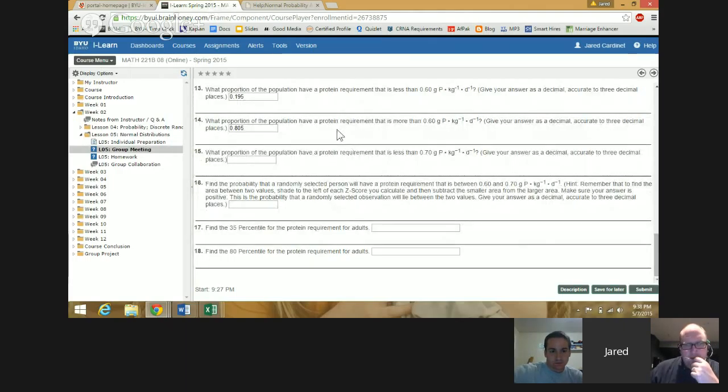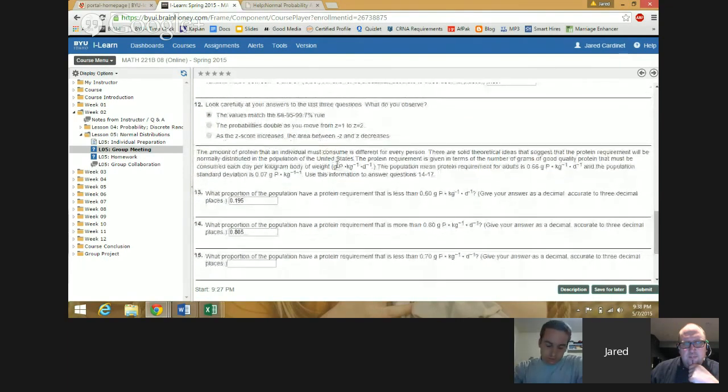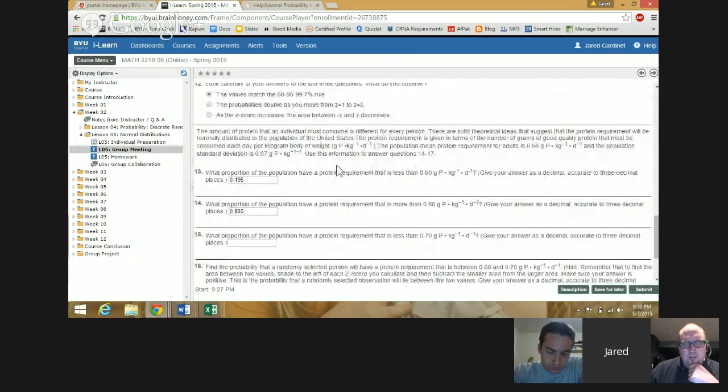What proportion of the population has a protein requirement that is less than 0.7? Alright, so now we do need a z-score again. x is our value, and I can do this on my phone. We got 0.7, which is the value, minus the mean, which is 0.66, divided by the standard deviation of 0.07, and you get 0.571.